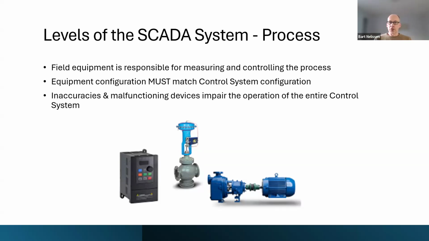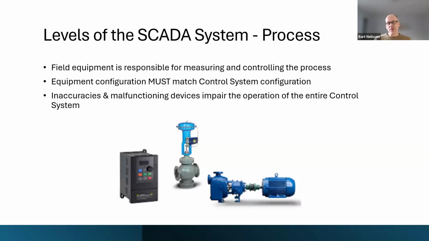Because if somewhere along the lines your level measurement device, for example, registers percent, and somewhere in the different layers that gets translated into inches, then things don't look right. So inaccuracies are of the most importance here.